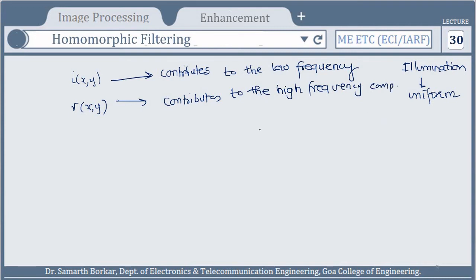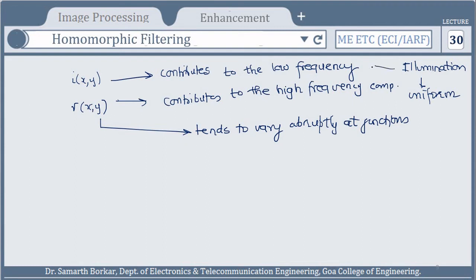Because the reflectance r of x comma y tends to vary abruptly at junctions, and that's the reason why we encounter the edges. So if there are some dissimilar objects, that line will be contributing to the high frequency coefficients. So this part has to be very much clear.